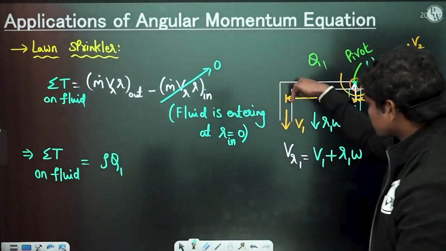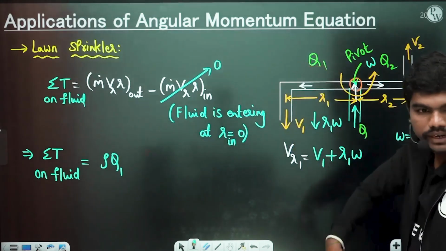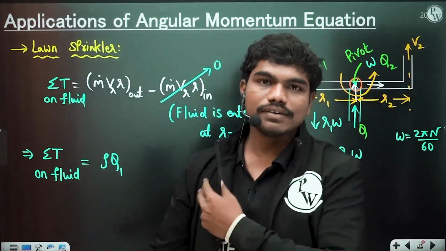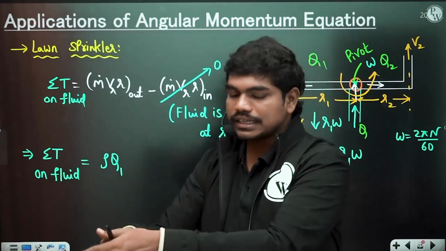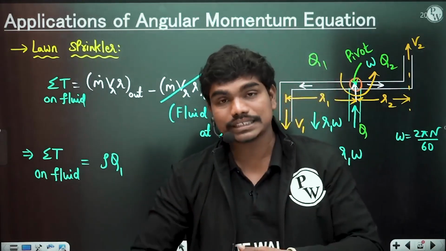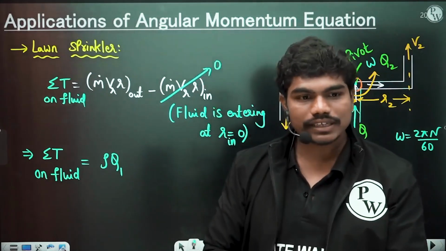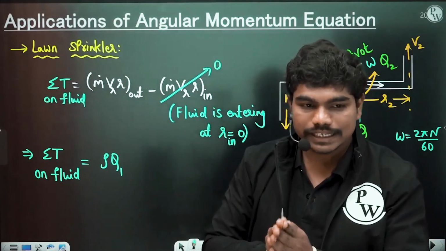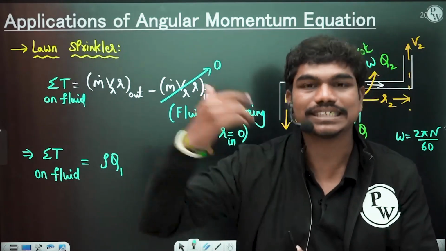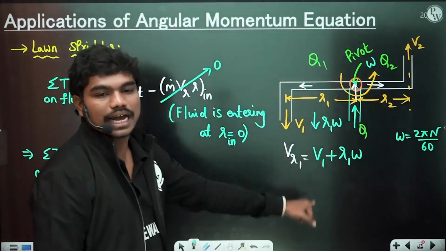The rotation facilitates throwing this fluid with some excess velocity because of the centrifugal force that is present. So whenever the arm is rotating, it effectively throws the fluid, and that is how the velocity increases. It's more than V1. Did you understand how this is a plus sign? The sprinkler is effectively throwing the fluid, which increases the velocity beyond the flow velocity. That's why it is V1 plus r1 omega.